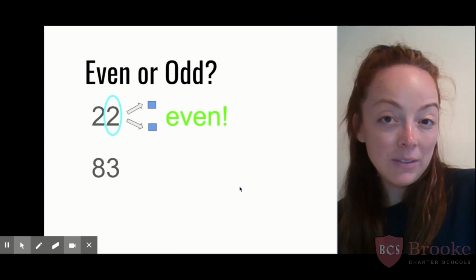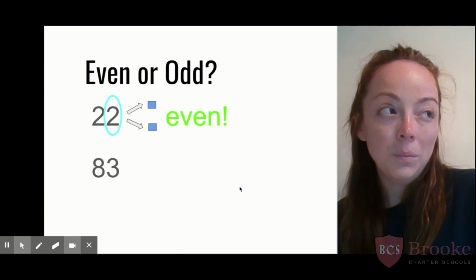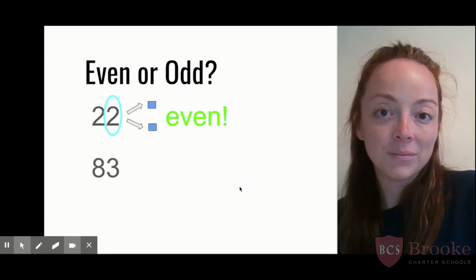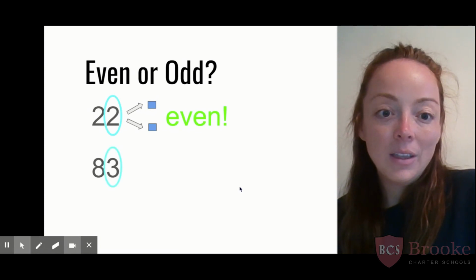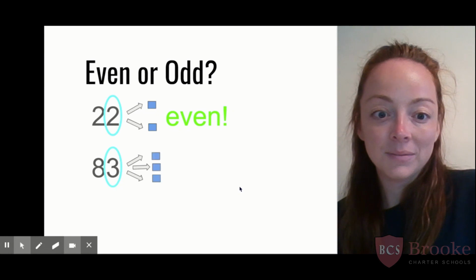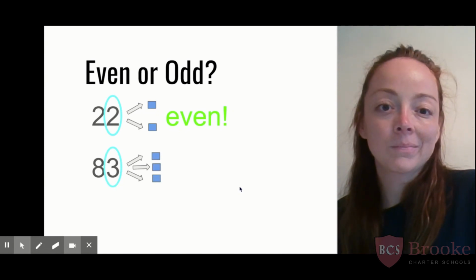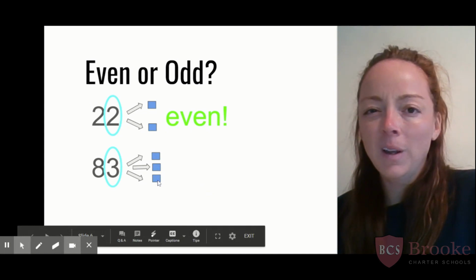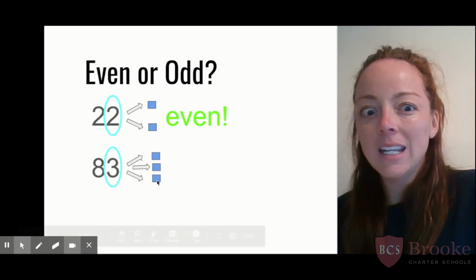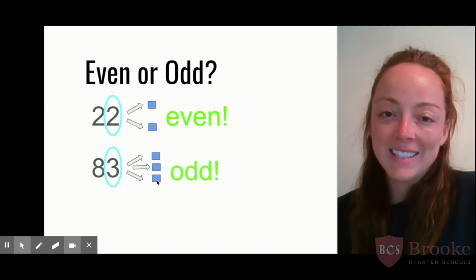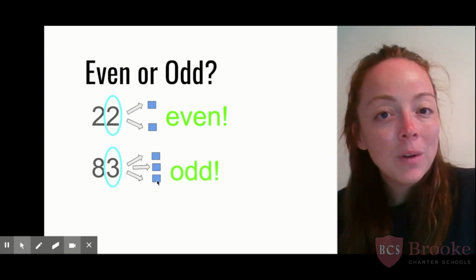Can I split those evenly, or would it be an odd number? Let's try it. 3 1s. 1 for me, 1 for you, and then 1 extra. So is 83 even or odd? Exactly, odd, because there would be 1 left over.